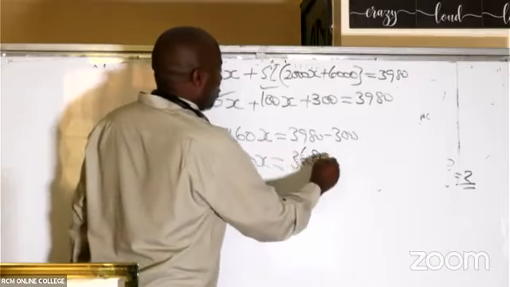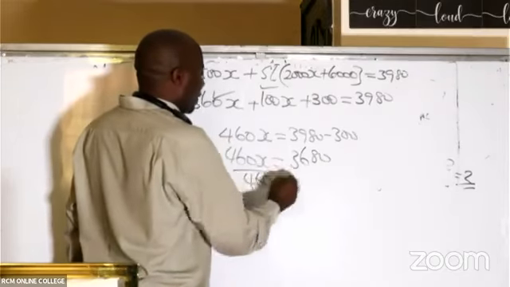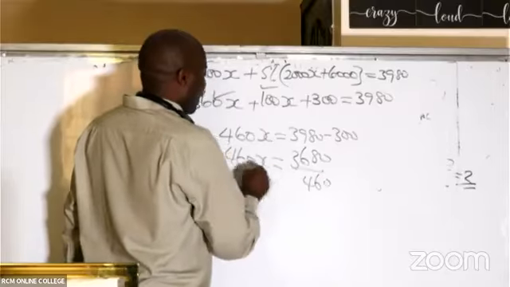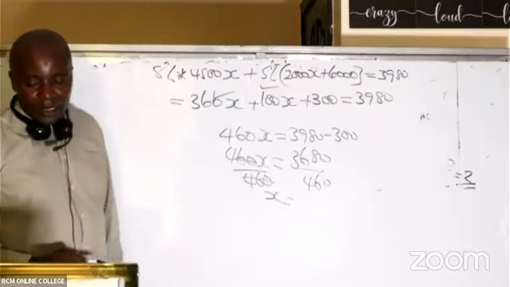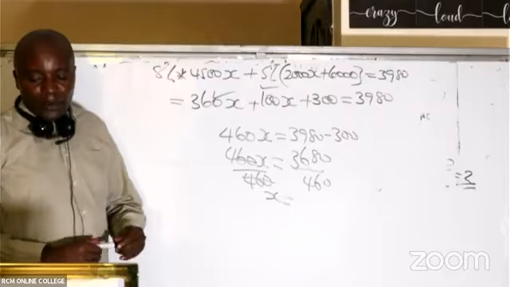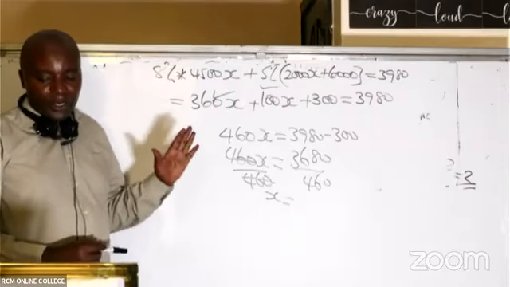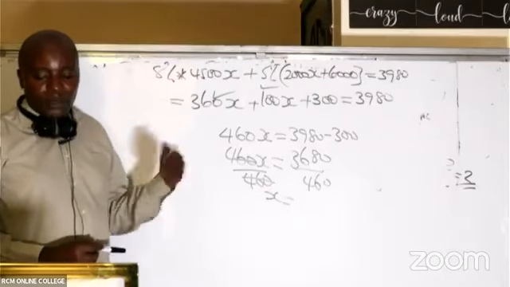I would want to divide all sides by 460 so I'll be left with x alone. So x will be equal to what here, somebody? 8. And once I get x, remember x were tables. So I should be able to get chairs by adding those 3, if you remember.